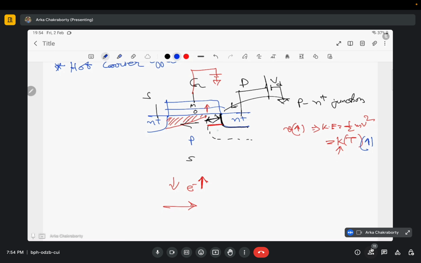The electrons in this position gain so much kinetic energy, and there is also this vertical electric field, so they sometimes cross the oxide barrier. If you see the metal oxide semiconductor band structure, there is a big barrier in the middle: this is the oxide barrier, this is the conduction level, this is the valence level.